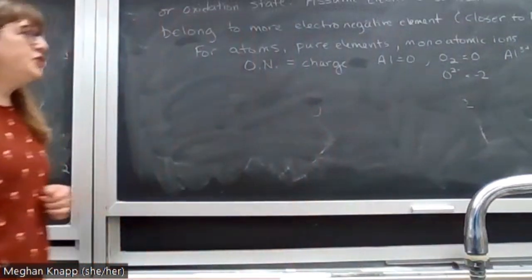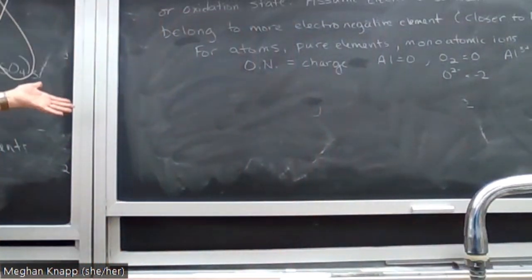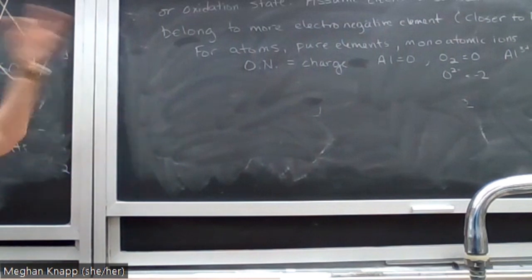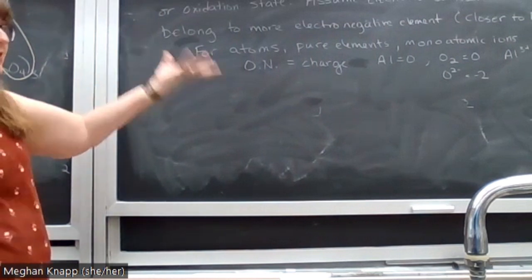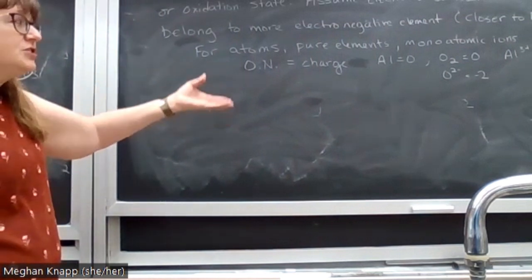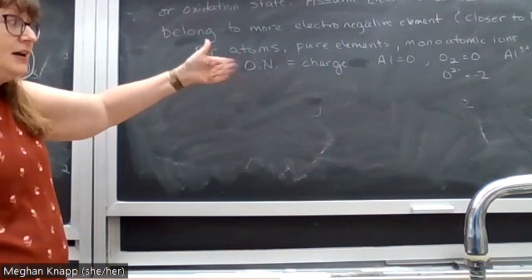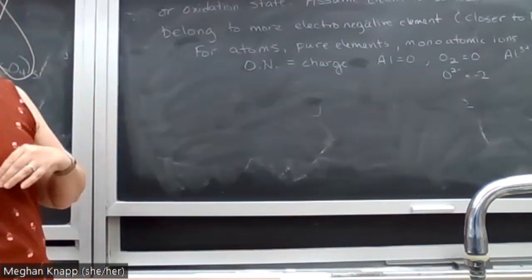All right, so for Al, we would say the oxidation number is 0. For Al3+, we would say it is 3+. For oxygen as a gas, it's 0. For oxygen as an ion, oxide, O2-, we would say it's -2.